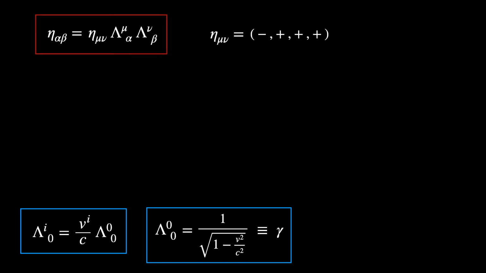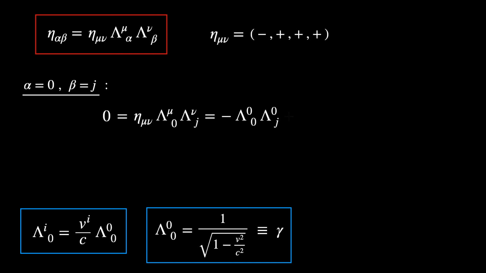Let's now look at the invariance equation that corresponds to one time and one spatial index. Since eta is a diagonal matrix, the left-hand side is just 0. For lambda i0, we can plug in the result below.